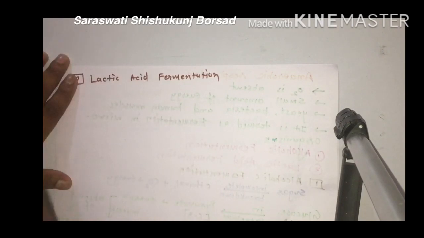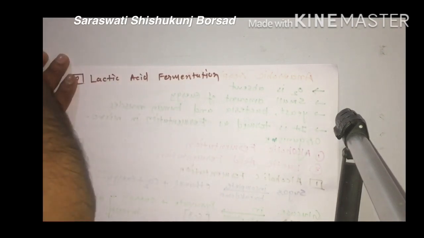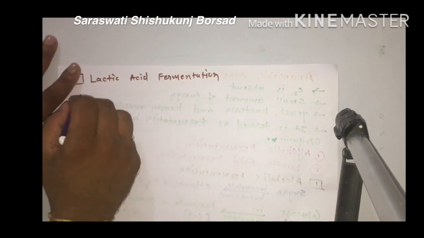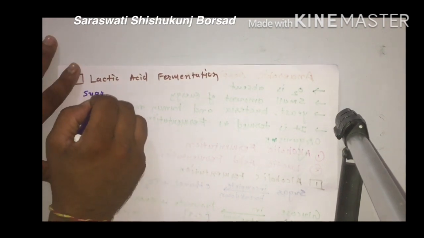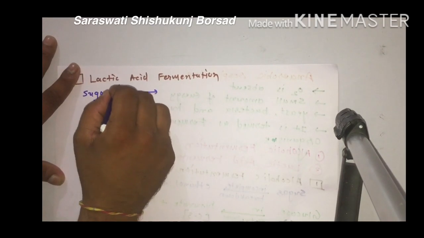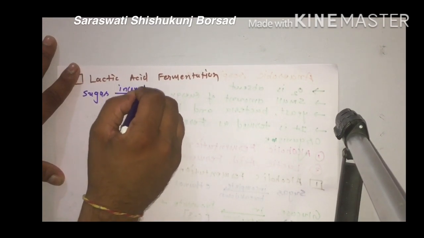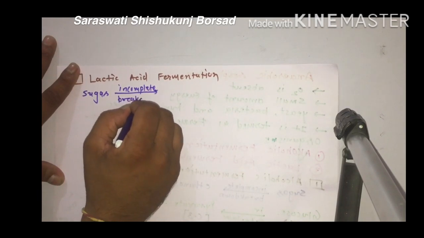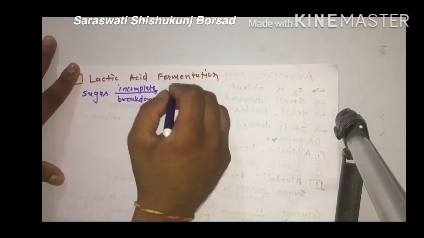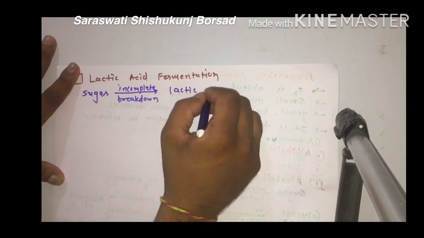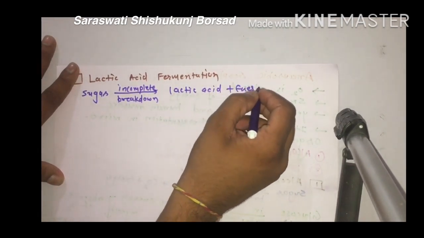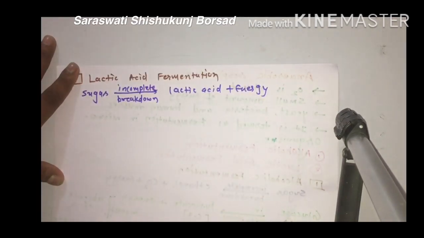Okay, let's see what happens in lactic acid fermentation. In lactic acid fermentation also, there will be incomplete breakdown of glucose, right? So again, sugar will undergo incomplete breakdown, and what will we get? We will get lactic acid plus energy, right? And generally it is done in some bacteria.